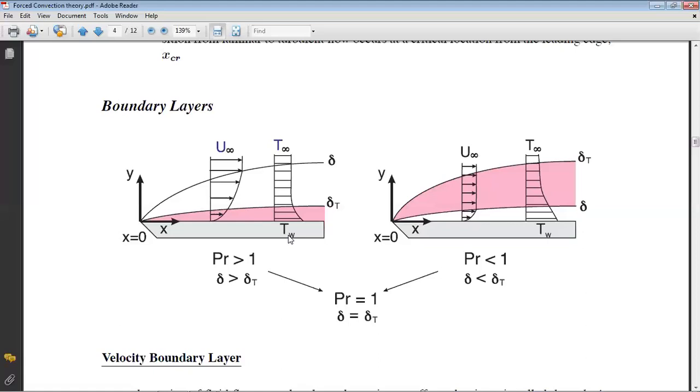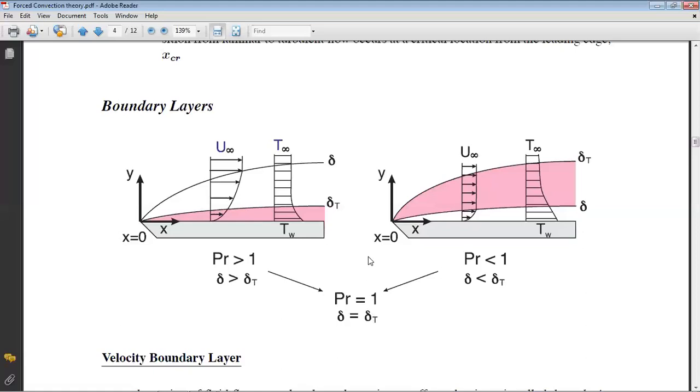It is the ratio of delta upon delta t. Now, if delta is more, the Prandtl number will be more. If delta is less than delta t, the Prandtl number will be less than 1, because the numerator is less than the denominator. Sometimes it could be equal to 1, where delta is equal to delta t.